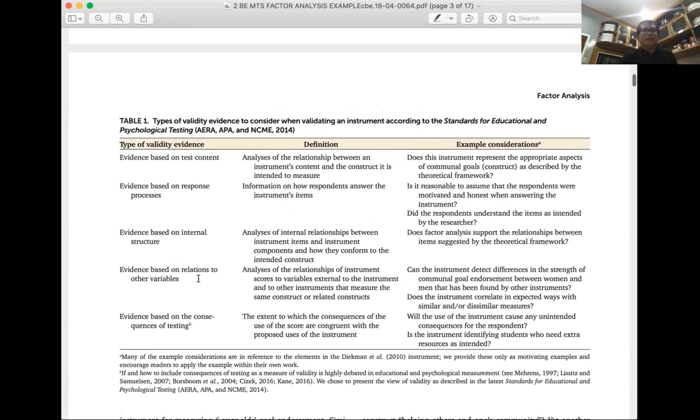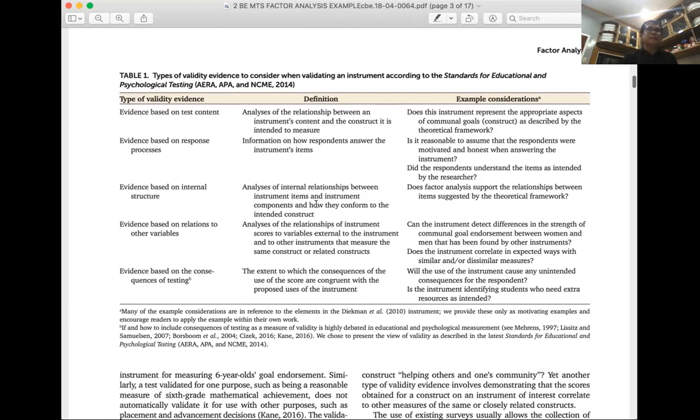So let me define them as reflected in this table. Evidence based on test content: analysis of the relationship between an instrument's content and the construct it is intended to measure. For evidence based on response process: information on how respondents answer the instrument's items.